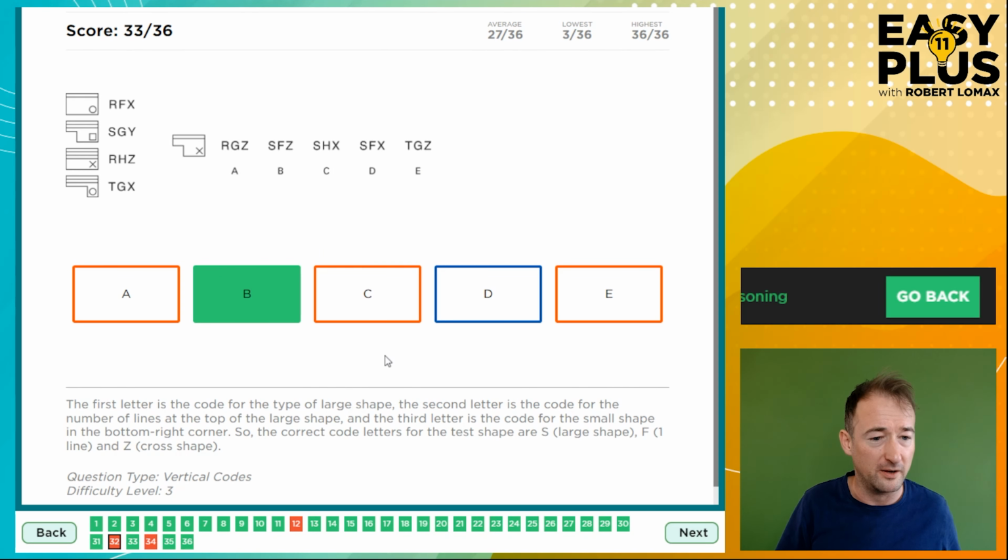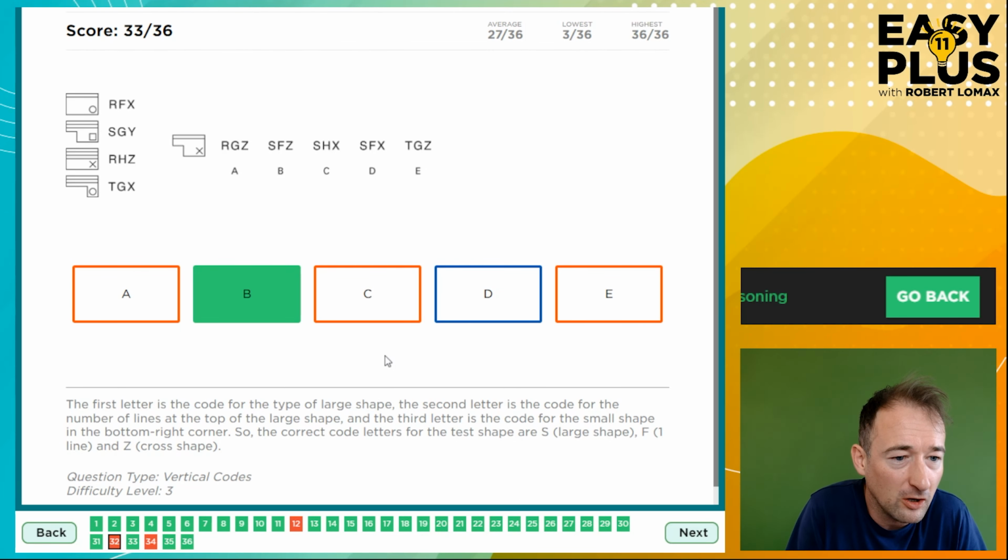32, what happened there? So this one here, okay, I thought I'd handled this one pretty well, but obviously I didn't. So what is wrong here? So I said, what did I say?